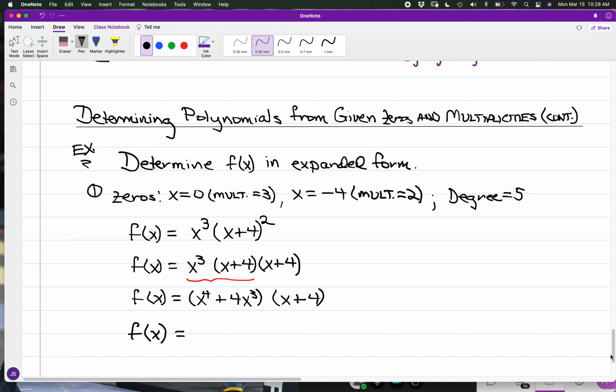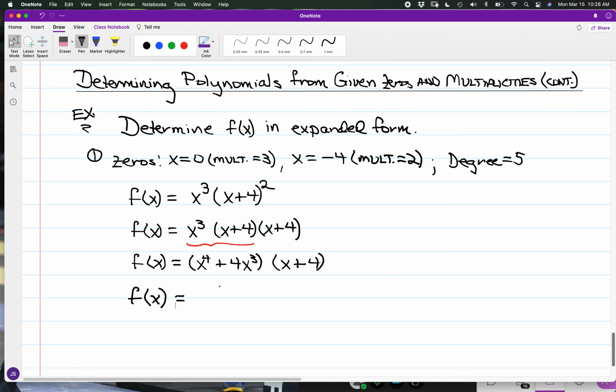And we have with taking the FOIL, x to the 4th times x. So this is going to be x to the 5th, and you have plus 4x to the 4th. Inside product is also 4x to the 4th. And 4x cubed times 4, so this is going to be 16x cubed.